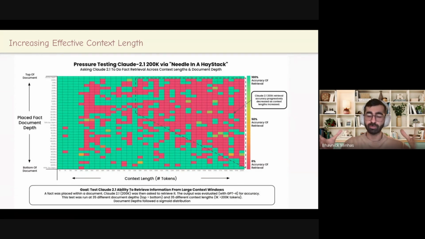But research has shown that most models cannot actually pay attention to every single thing in the context. There are papers like Lost in the Middle, which talk about how stuff gets lost in the middle for a lot of models. And reasoning is tough for really long contexts as well. There are reasons for that, as attention gets spread out too thinly, and people have come up with these reasons.